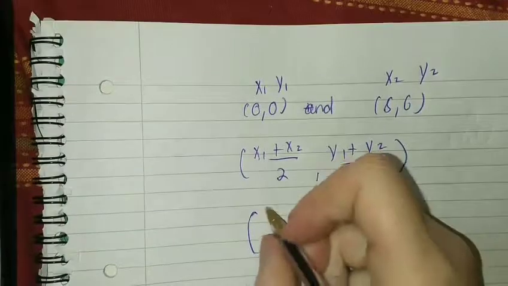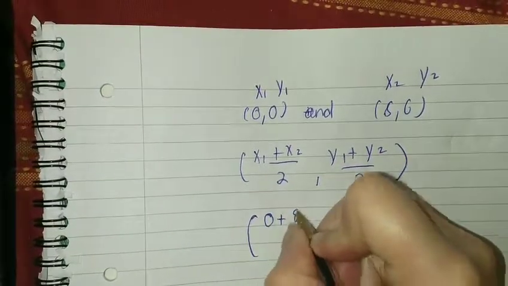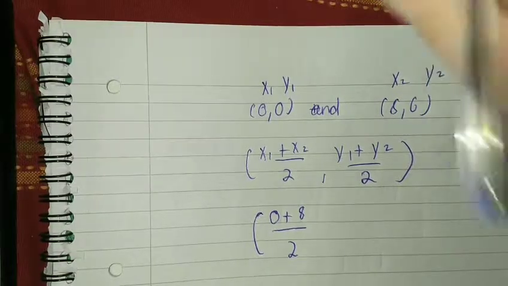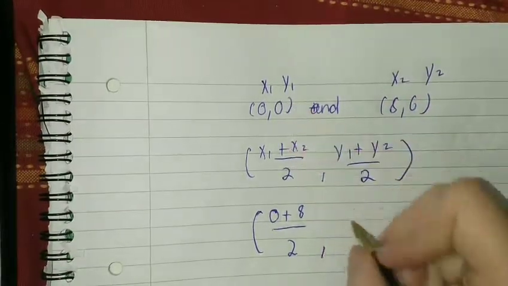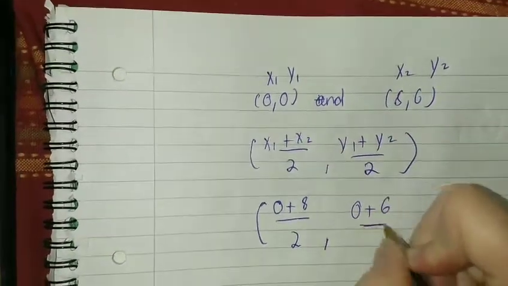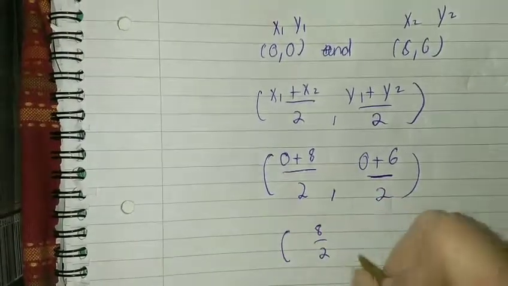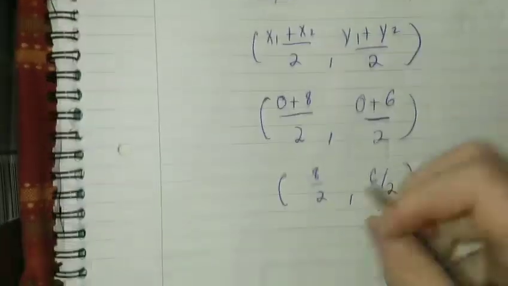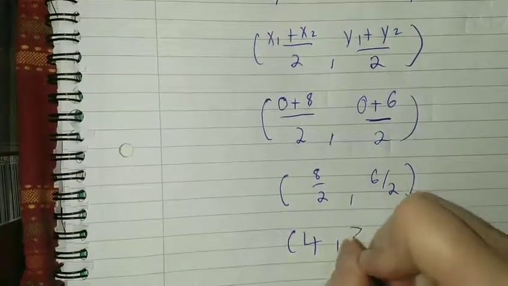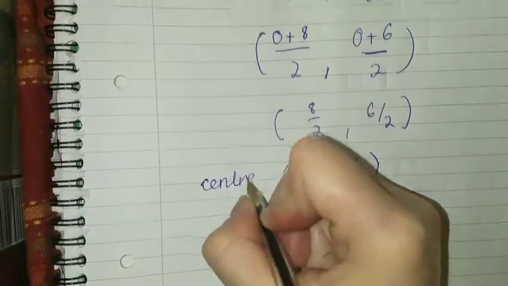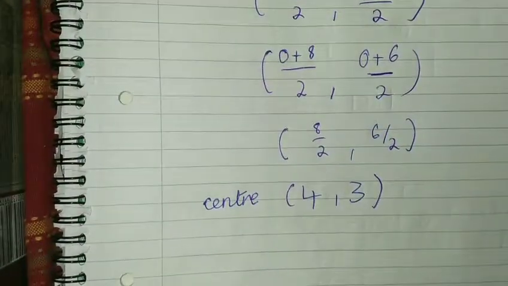So x1 plus x2, so 0 plus 8 over 2, and then y1, which is 0 plus 6 over 2. So that's going to be 8 over 2, 6 over 2. So that's going to give me 4, 3. So the center of my circle is 4, 3.